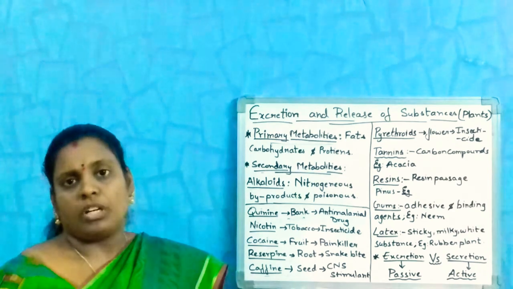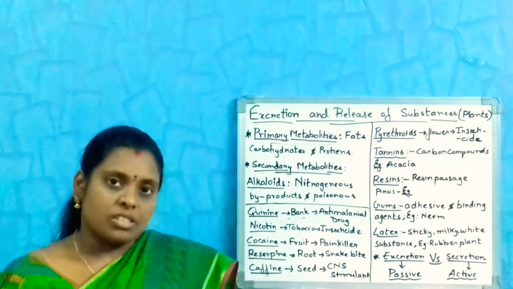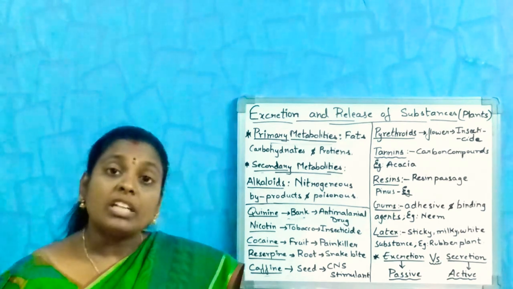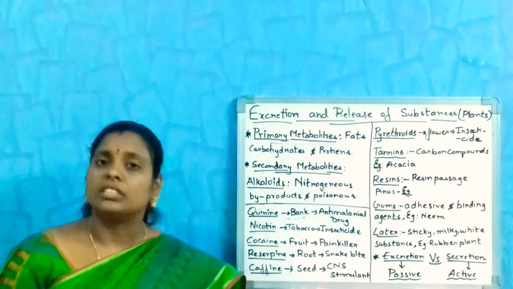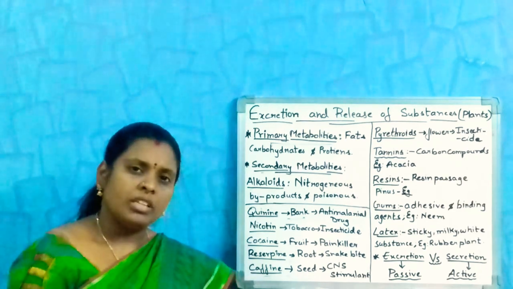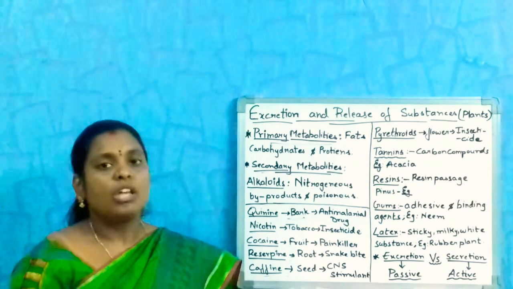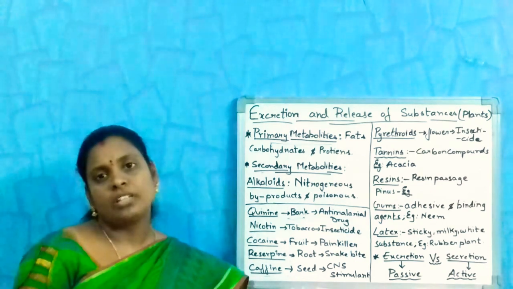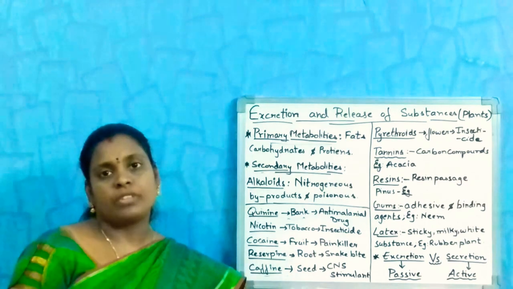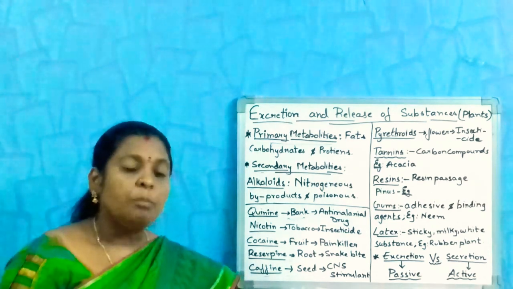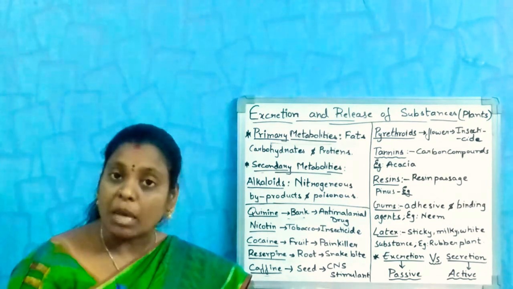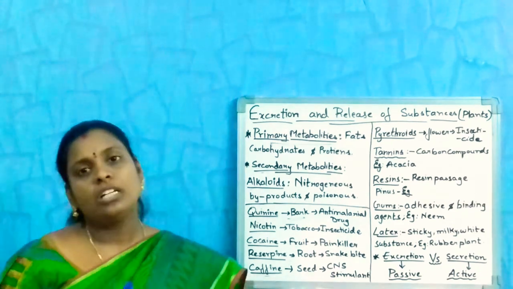A botanist, a scientist, observed the apple plant for 3 to 4 years. If a farmer regularly grows the same crop, that is apple, for 3 to 4 years, the next year the farmer may not get the proper yield. Why? Because the roots of the apple plant release chemicals into the soil.